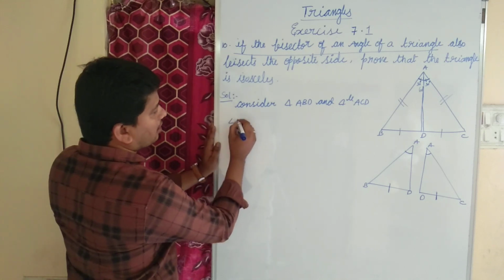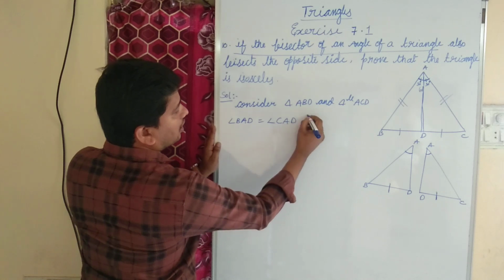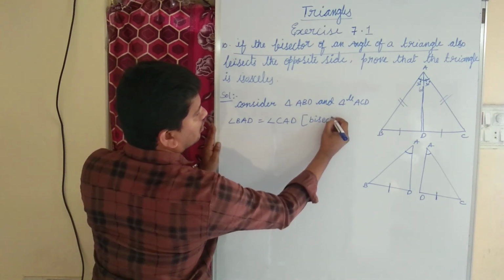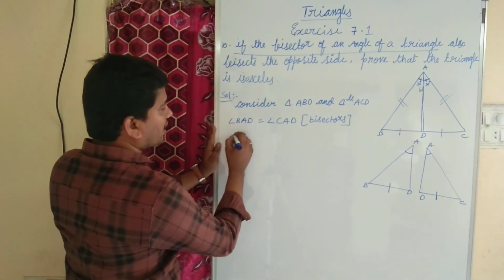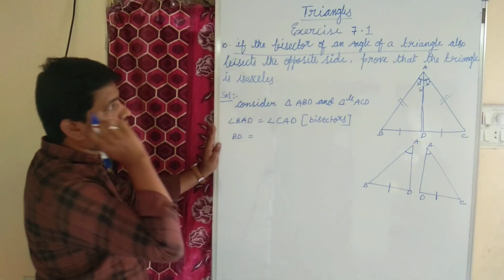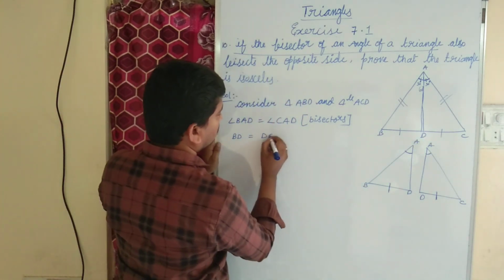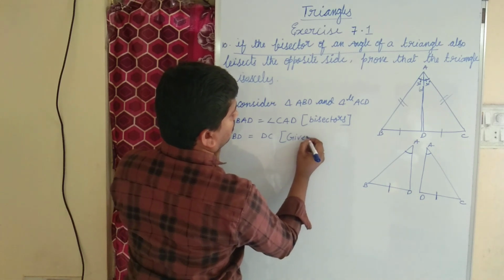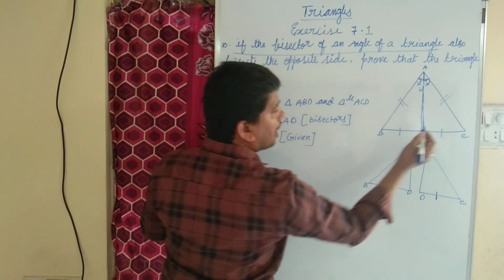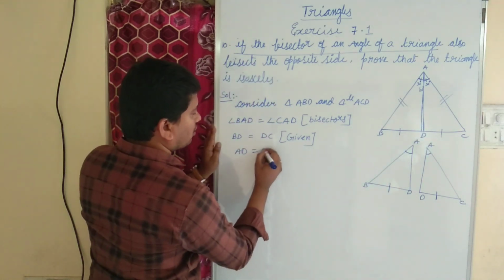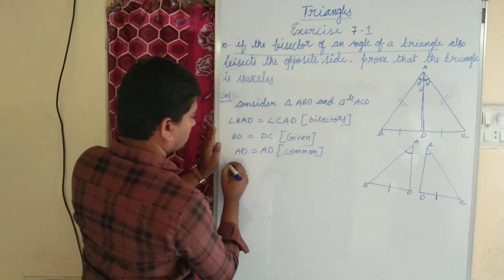Let me write angle BAD equal to angle CAD. This is the bisector, and it is given that it also bisects the opposite side, I mean BD equal to DC. And what about AD? For both these triangles, AD is the common side. AD equal to AD, which is the common side.